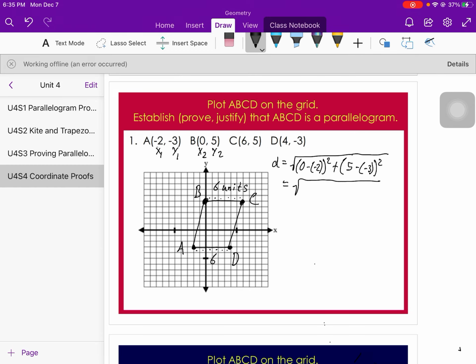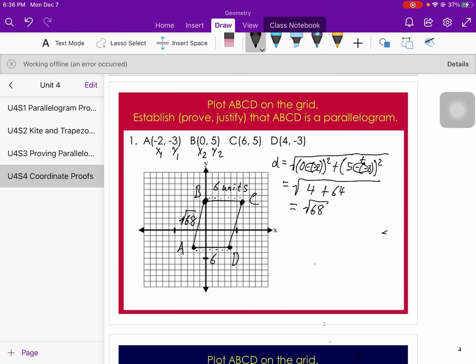Okay, we get the square root. 2 negatives makes a positive, so this ends up being 2 squared, which is 4, and then these also end up adding, so it ends up being plus 3. 5 plus 3 is 8, and 8 squared is 64. We end up getting the square root of 68. So for right now, we're just going to leave our distance as the square root of 68. That's enough for right there.